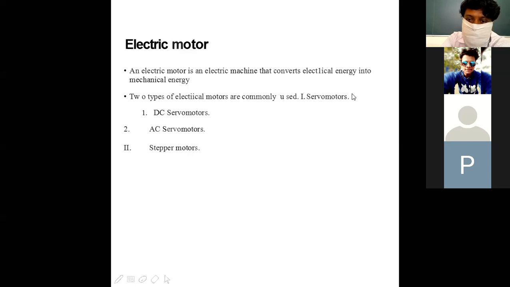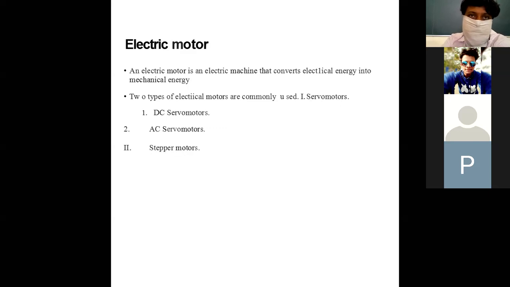So basically, servo motors rotate continuously. The basic difference between a servo motor and a stepper motor is that the rotation of the servo motor is continuous, whereas in a stepper motor we can obtain a stepped revolution, where angular division can be done.